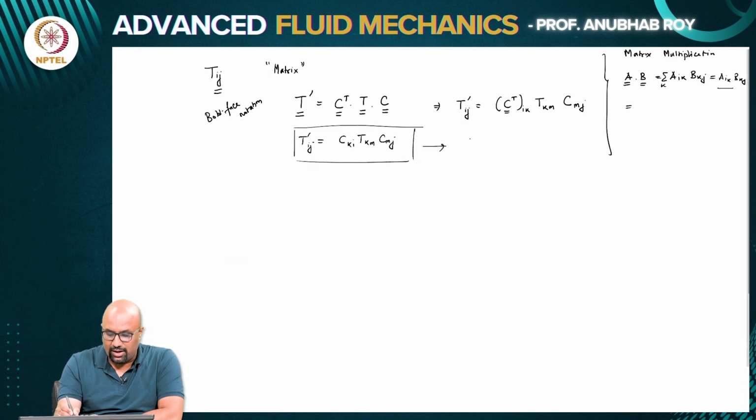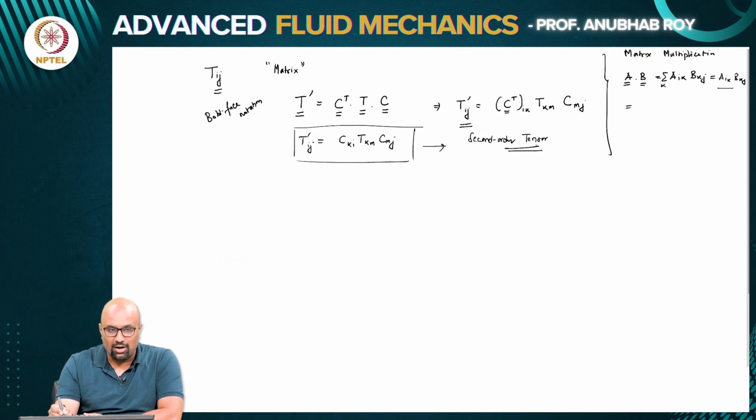And this quantity, which is an extension of what we have learned for a vector, is a second order tensor. The second order basically comes from the fact that we have these two indices. We are working in 3 dimensions, but there are two indices.